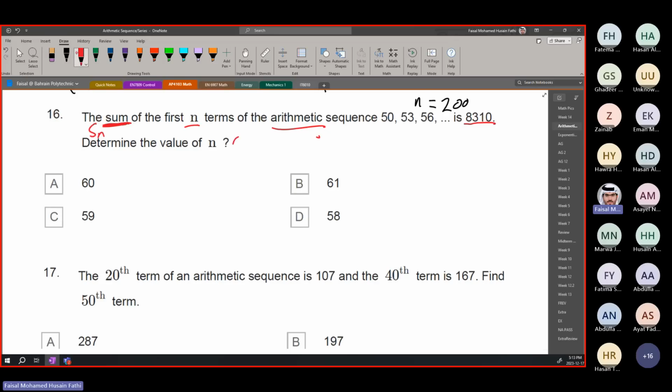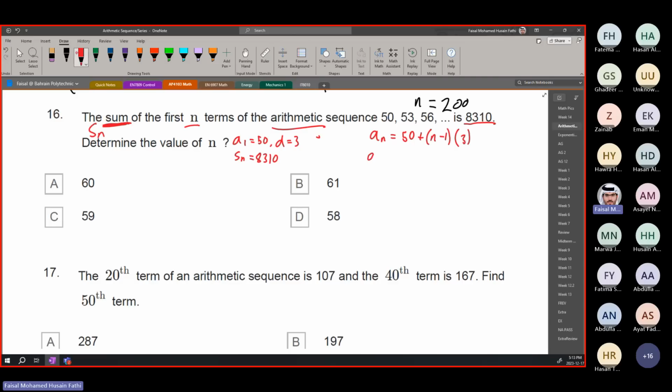All right. So I can use up as much space as I can. So we know that A1 is 50. We know that d is 3. We know that Sn is equal to 8310. We will have two equations we can use. We can use An is equal to A1, which is 50, plus n minus 1 times d.